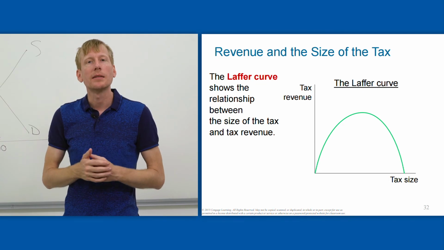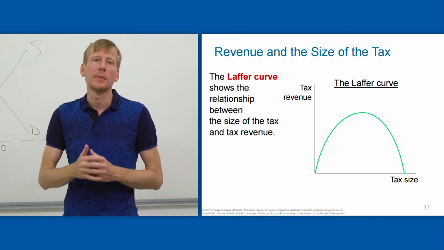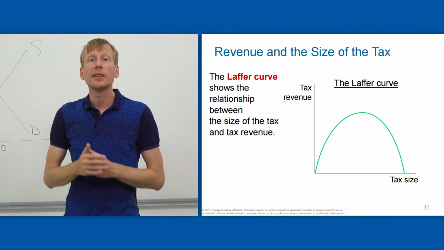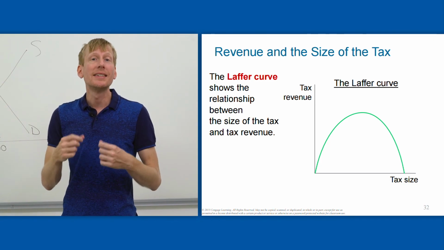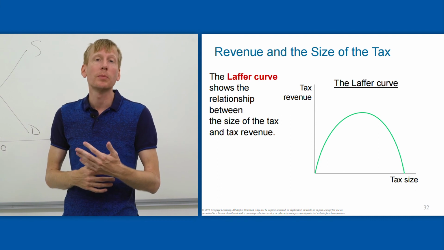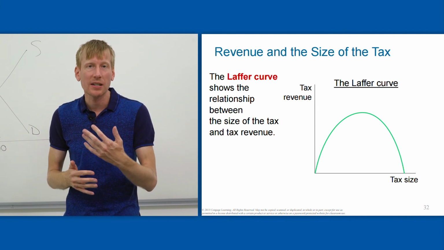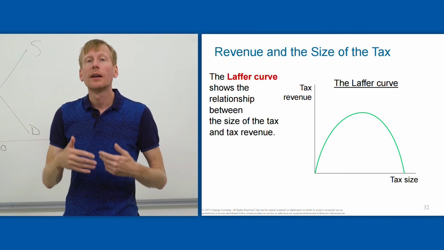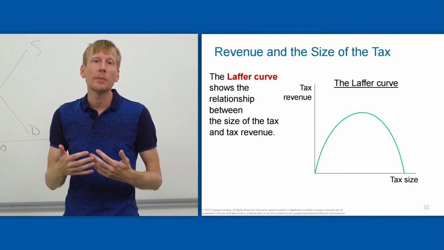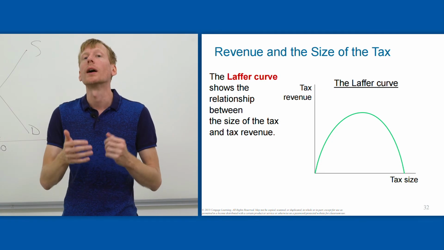Now, Laffer imagined that this might apply to the income tax. That if income taxes were very, very high, they might disincentivize so many people from working, or from working extra hours, something like that, that it would actually cause the revenue raised by the income tax to be lower than it otherwise could be.